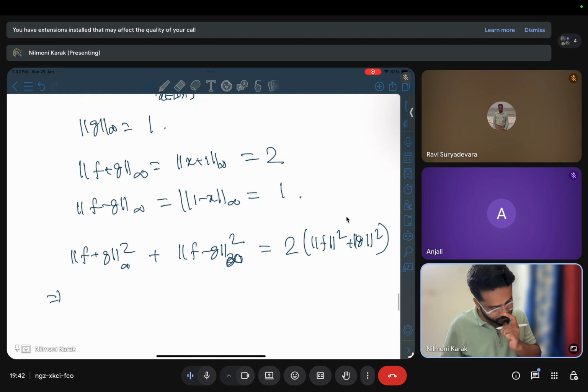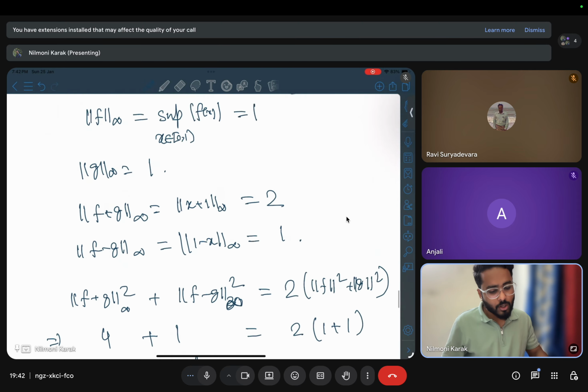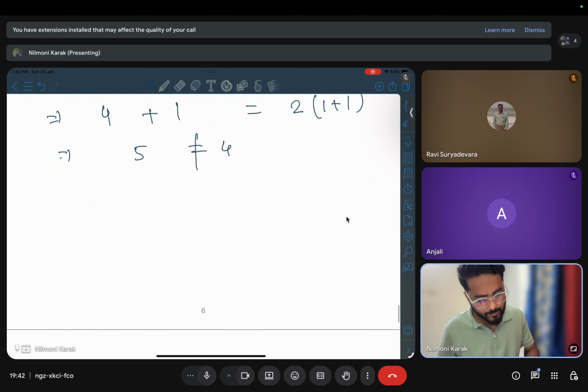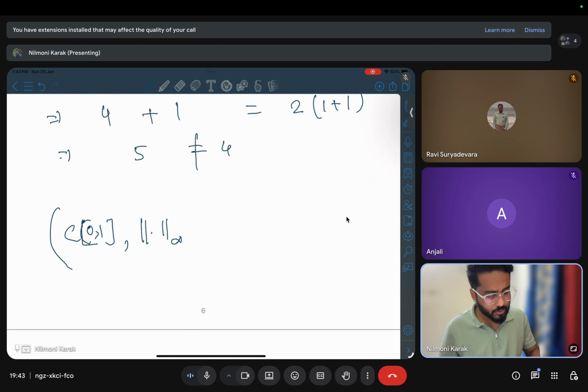Here all the values are known: 4 plus 1 equals 2 into 1 plus 1, so 5 equals 4. This is not true, so that's why the space C01 with the sup norm is not a Hilbert space.